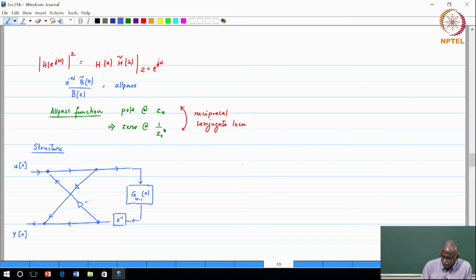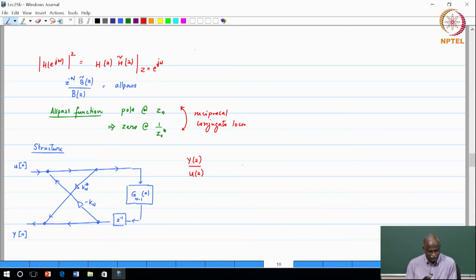This is minus k subscript n, and this is k subscript n conjugate. So, my input is u of n, output is y of n. I would be interested in computing the transfer function y of z divided by u of z. That is my ultimate goal.